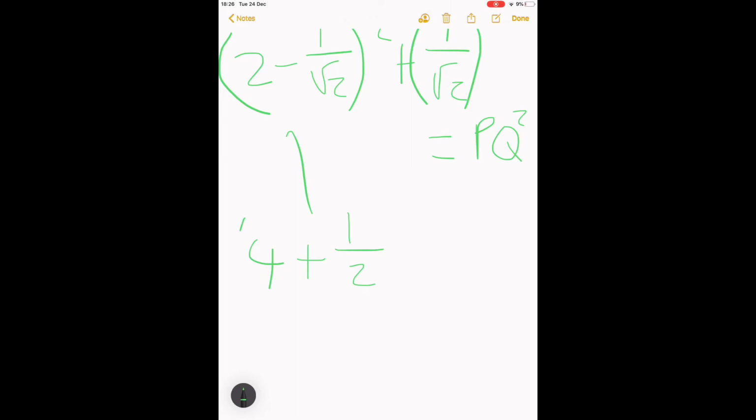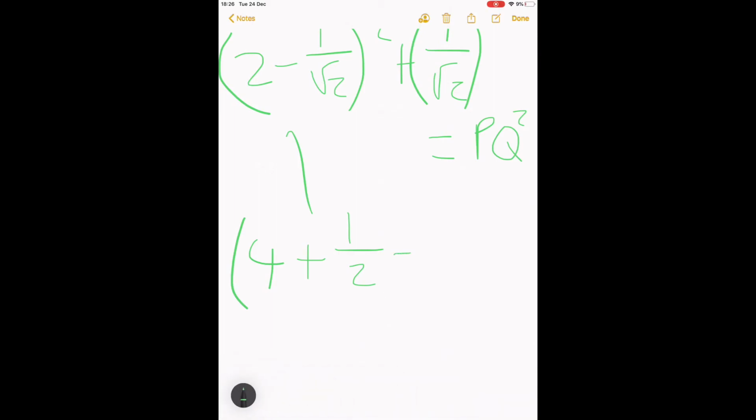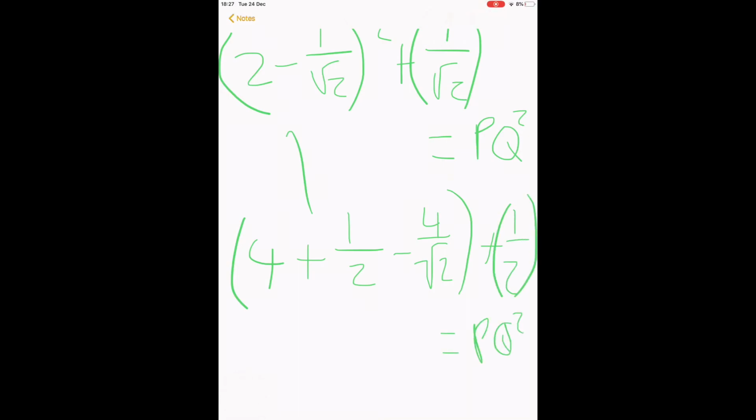Then minus the product: 2 times 2 times 1 over root 2, which is 4 over root 2. Plus, then 1 over root 2 squared is 1 over 2. Which equals PQ squared.